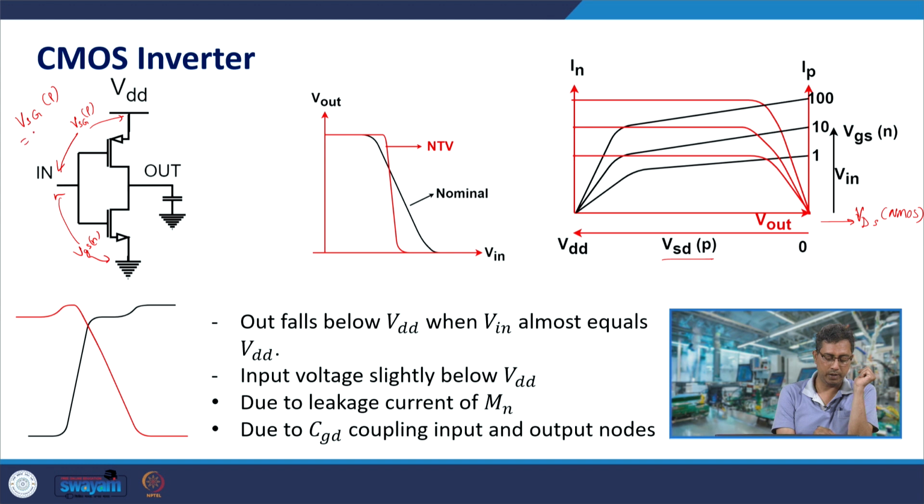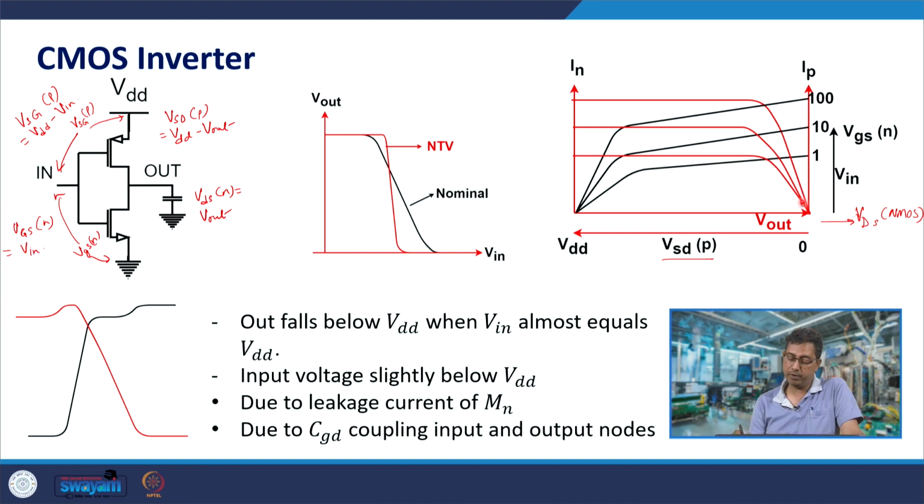VSG of the P MOSFET is VDD minus V in. VSD of the P MOSFET is VDD minus V out, and VDS of the N MOSFET is V out. VGS of the N MOSFET is V in.